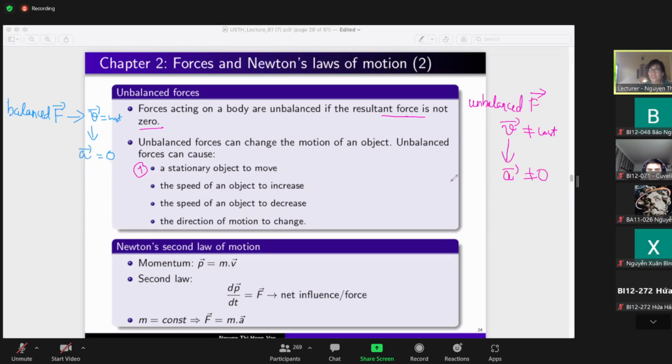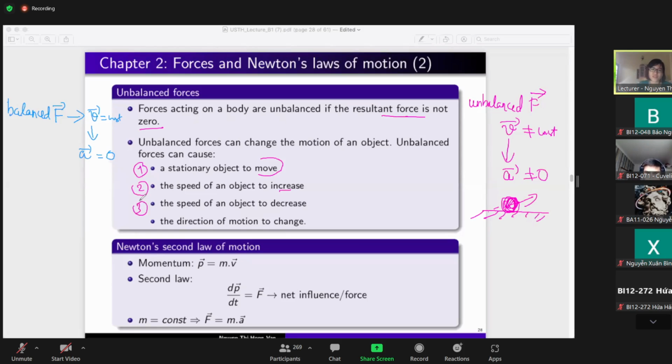So you have a ball on the grass, and if you push it by foot, then it moves. So an unbalanced force can cause a stationary object to move. Secondly, the speed of the object increases. It's moving, but if we act a force, it makes the velocity increase.